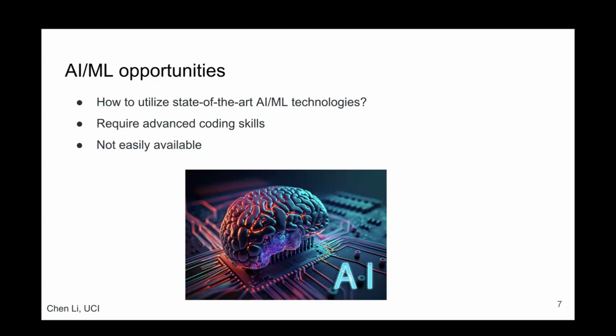Many of these techniques require some advanced skills in, let's say, Python and R. And think about all the models available on platforms like Hugging Face, they are not very easily usable by many people who have limited coding skills. So how can we make these AI ML techniques available to the researchers in this community? That's one of the questions we have to answer.